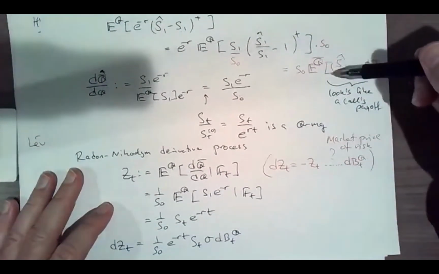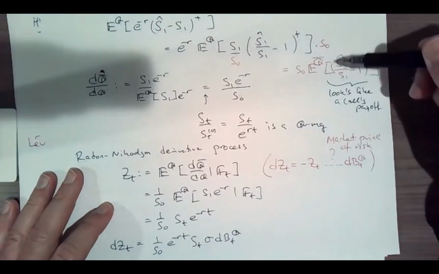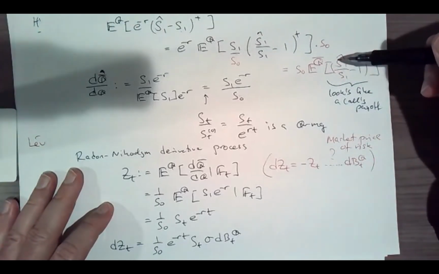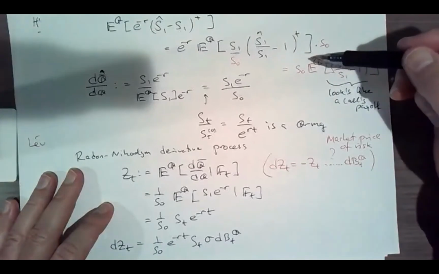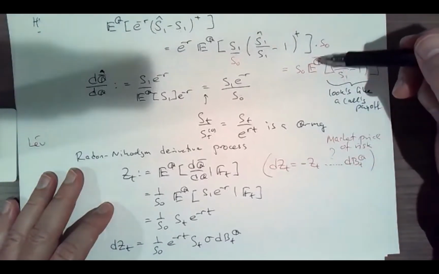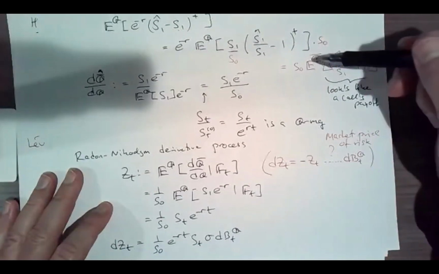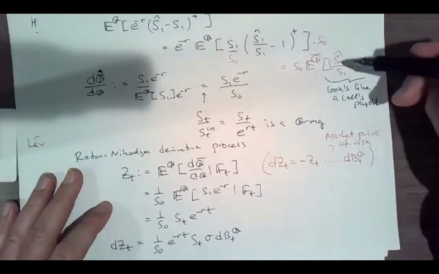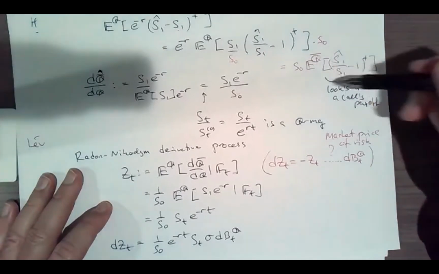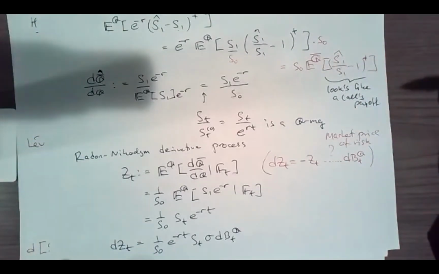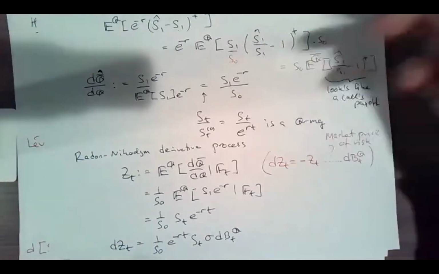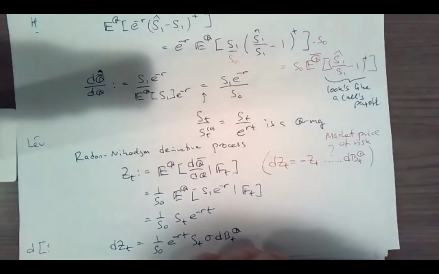So you just need to know that the distribution of this ratio here is a geometric Brownian motion. You should be able to get that as soon as you know the distribution of this quantity, so you know how to adjust the Brownian motions under this measure. You should see that this is a geometric Brownian motion, and then this is just Black's formula, that you had in one of the very first homeworks in this class.